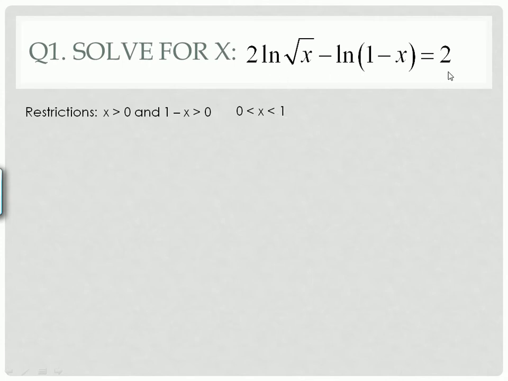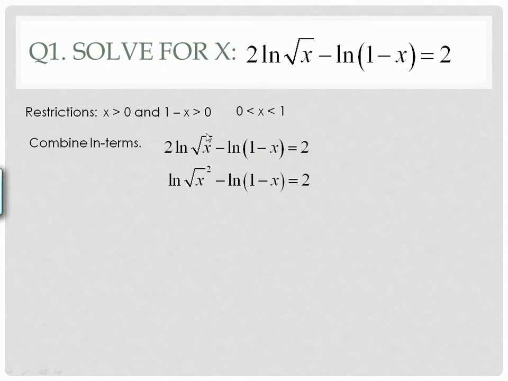Now, to solve this equation, one way that you could solve it is to start by combining the natural log terms on the left side. To combine these natural log terms, we first need to get rid of the 2, and you can do that by bringing it into the exponent. It's called the power rule for logarithms.